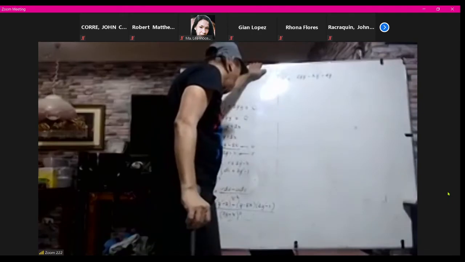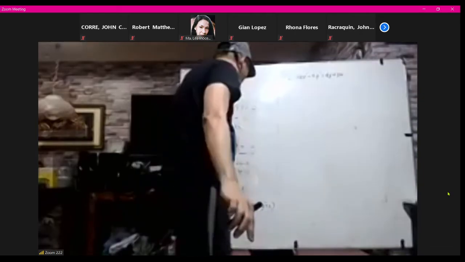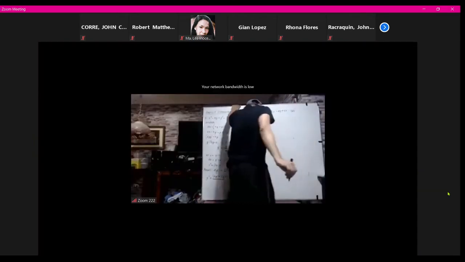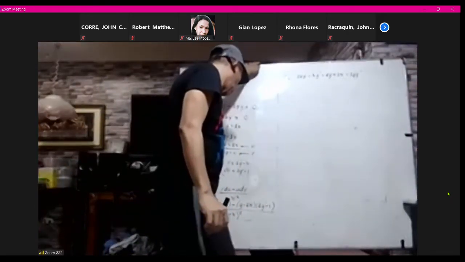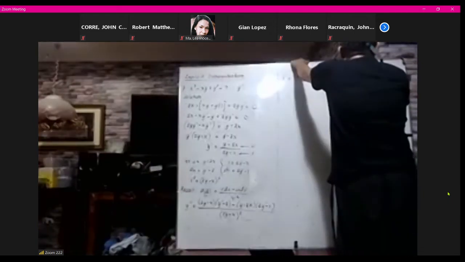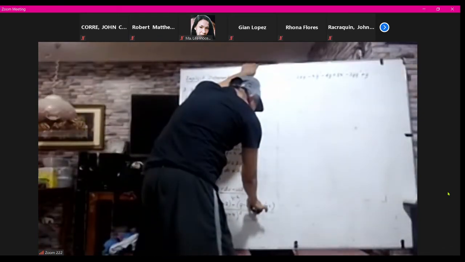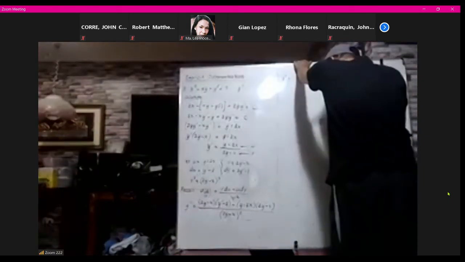Negative 2 times negative x is a positive 2x. Okay? Ito naman. Minus y times 2y is minus 2y y prime. Okay. Minus y times negative 1 is positive y. Then, minus of minus positive 2x times 2y prime equals positive 4xy prime.